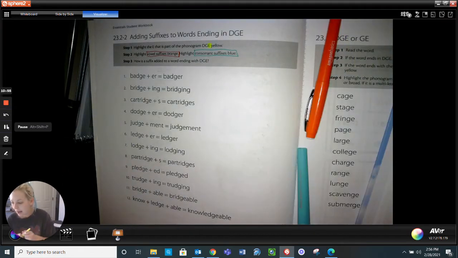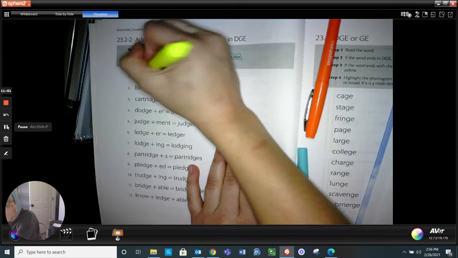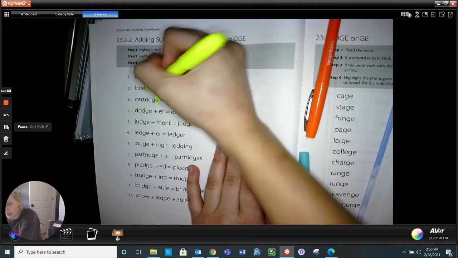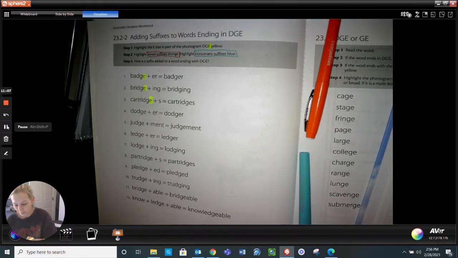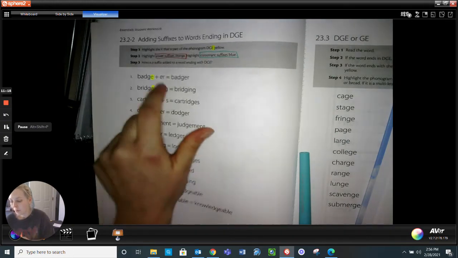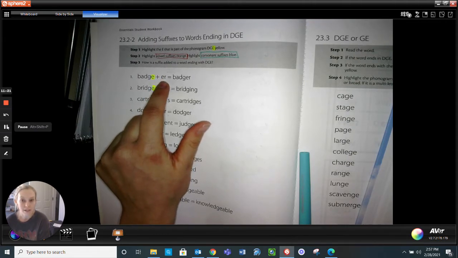First step, highlight the E that is part of the phonogram DGE yellow. That would be this one. I'll just go ahead and do it for those first 3 since we're doing all of them together. Then it says highlight vowel suffixes orange. So this is a suffix and there is a vowel in it, so that makes it a vowel suffix.